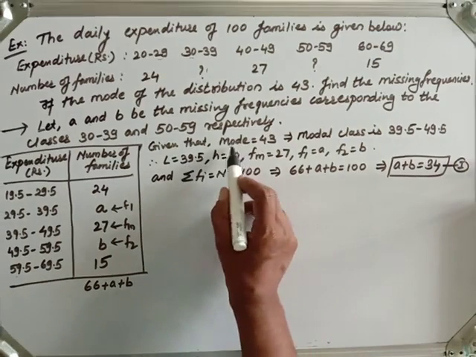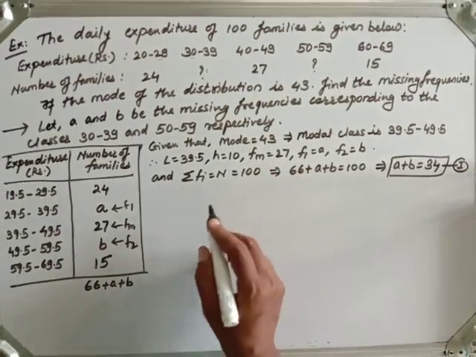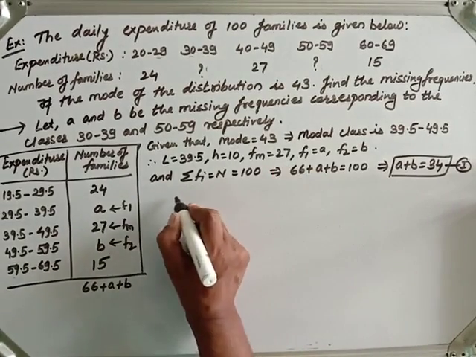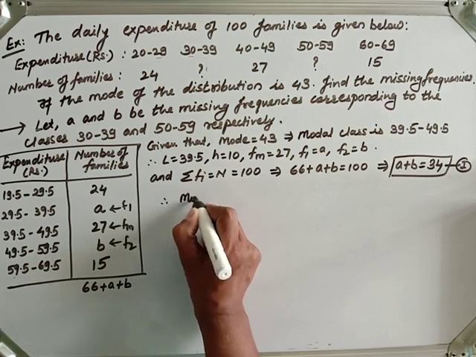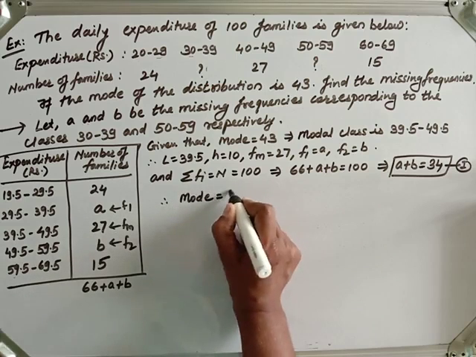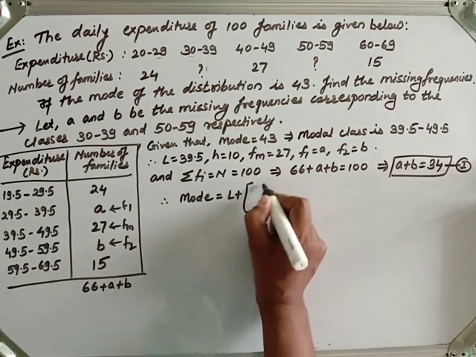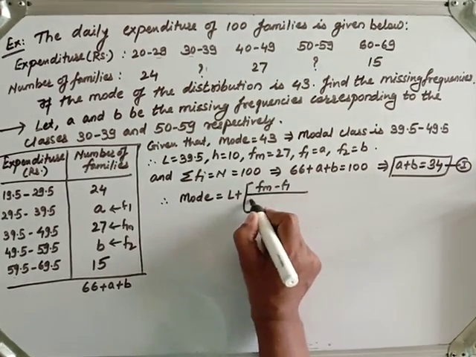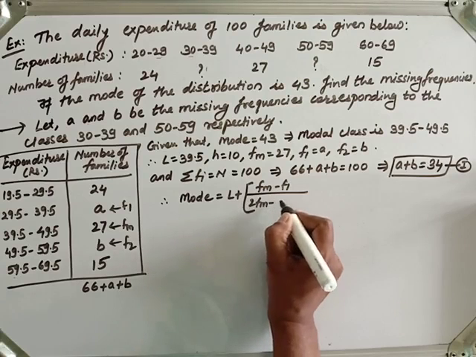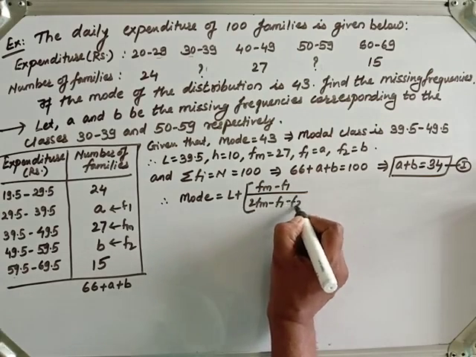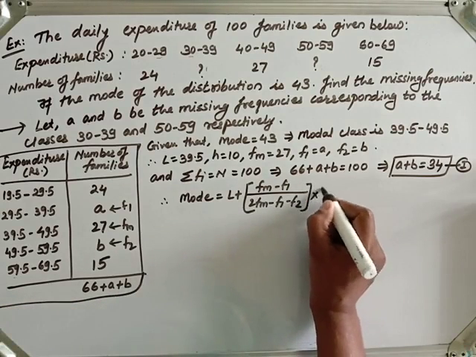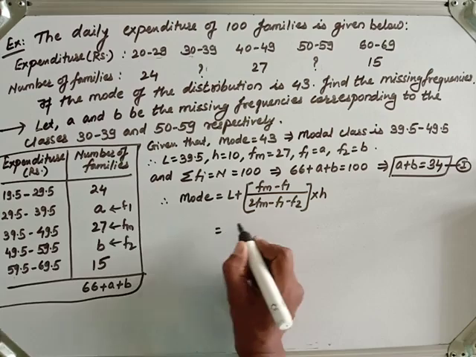Now from this above data, let us use the formula of mode and use these values there. Therefore the mode is L plus FM minus F1 upon 2FM minus F1 minus F2, okay, multiplied by H. So put up the values.